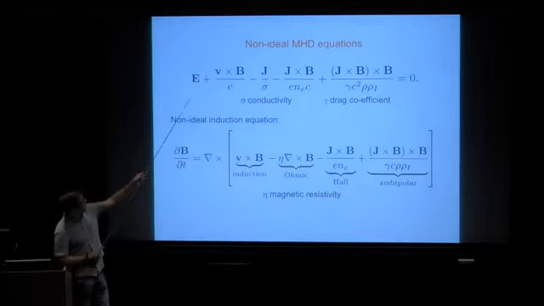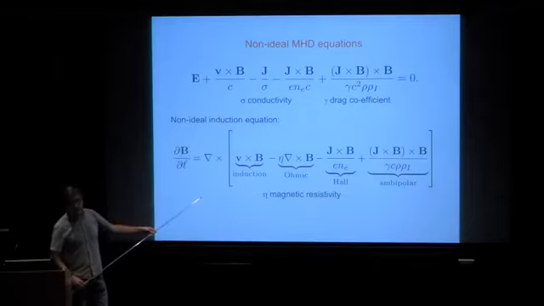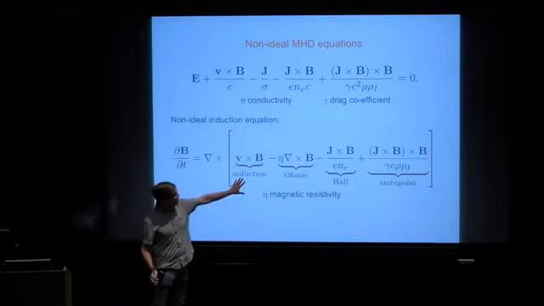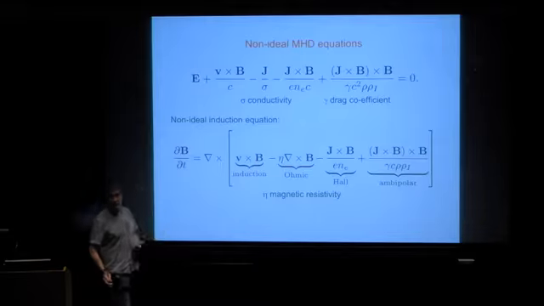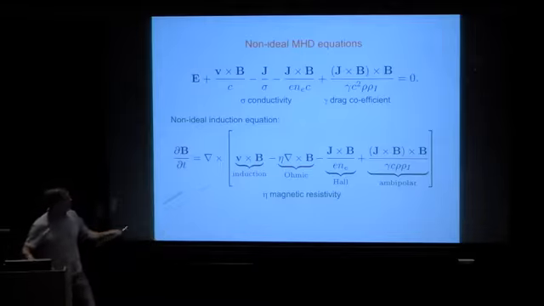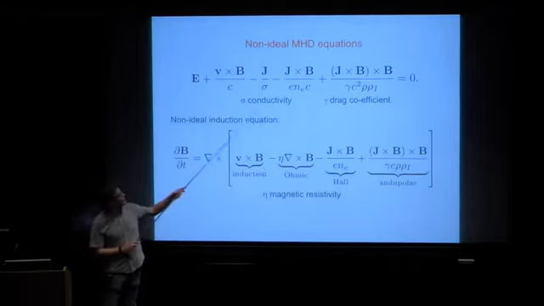And when we've got that, we can go back to Faraday's law and straight away get the non-ideal induction equation, which takes this form here. In ideal MHD, we just have this first piece, but now we have three extra terms coming in on the right-hand side. Here, eta is the magnetic resistivity, which is inversely proportional to the conductivity.